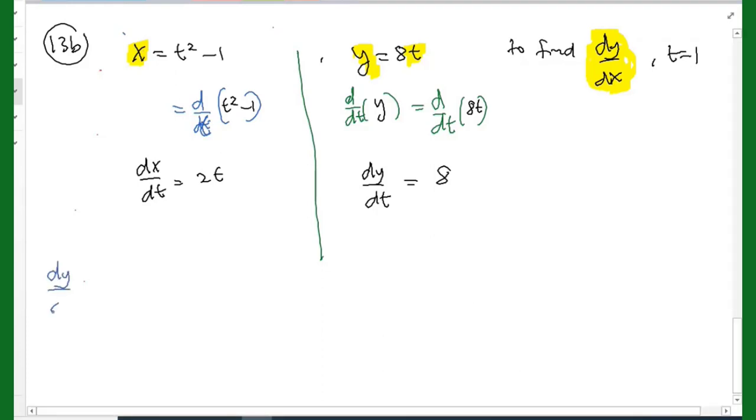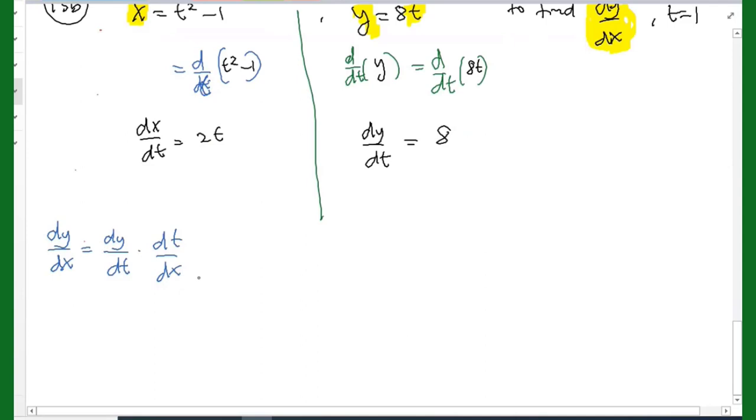dy dx using the chain rule. dy dx equals dy dt times dt dx. If you cancel dt, you stay with dy dx, but that's not the real concept. So the chain rule finds dy dx from dy dt times dt dx.